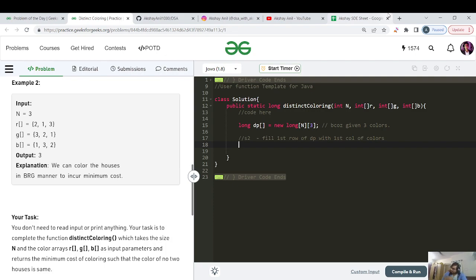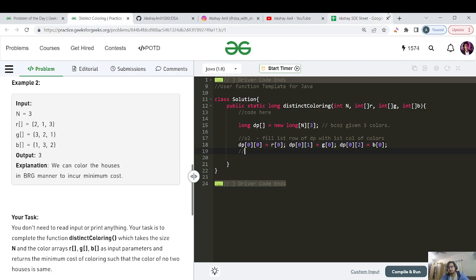I can say that DP of 0, 0 is equal to R0, DP of 0, 1 is equal to G of 0, and then DP of 0, 2 is B of 0. So if I just return the minimum of DP of 0, 0, 0, 1 and 0, 2, that means for n equals 1, I'm getting the answer, right?